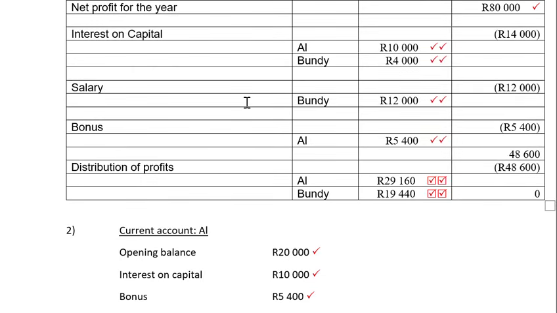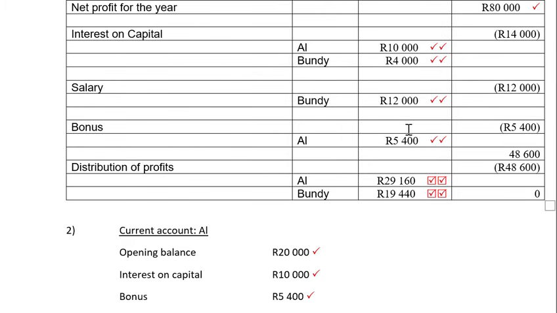So here we have what that says: the net profit minus interest on capital minus the salary to Bundy will give us an amount multiplied by the 10% will give us 5,400.